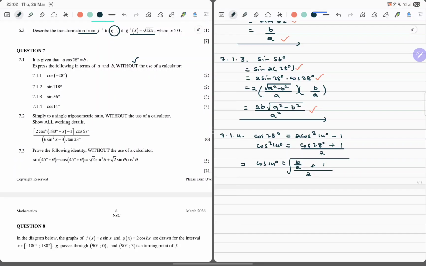Okay, now let's see, what do we get? A times 1, that's a plus b, that's going to be a plus b. So let's do this. This is going to be the square root of a plus b all over 2a. So that's the best simplification we can do here.